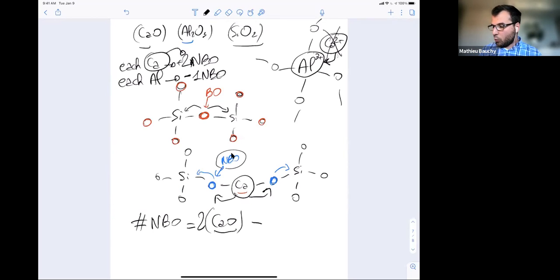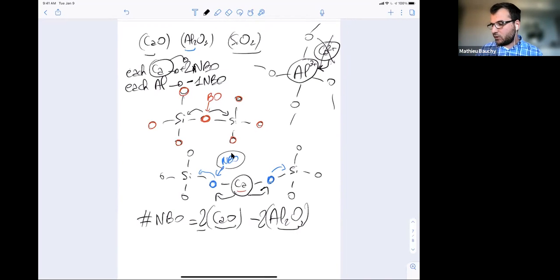Every time you add 1 mole of calcium oxide, you will create 2 mole of non-bridging oxygen. But on the other hand, every time you add some alumina, some Al2O3, each aluminum will remove 1 non-bridging oxygen. So every time you have 1 mole of Al2O3, it's going to remove 2 mole of NBO, because you have 2 aluminum per mole of alumina.